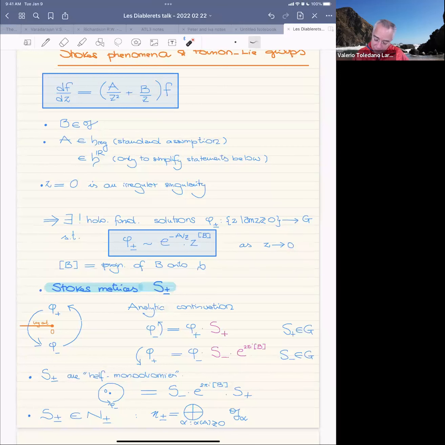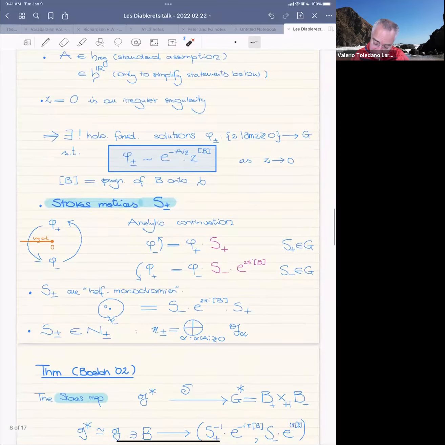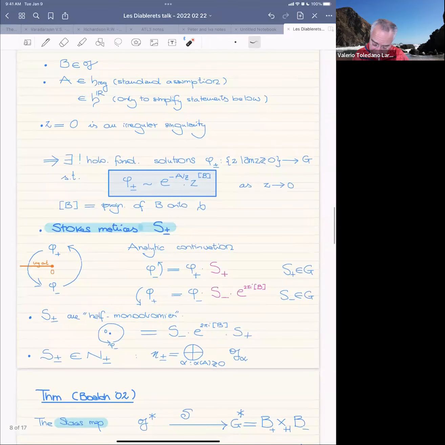Okay. And once we have these two solutions, we can define the Stokes matrices of this connection as follows. I have phi minus, which I think of as rooted in the lower half plane. I can continue it half a turn to the upper half plane, and then compare to the solution which is rooted in the upper half plane, which is phi plus. Those two are going to differ by a constant matrix, which I'm going to denote by S plus.